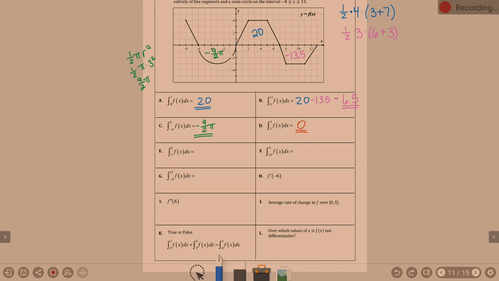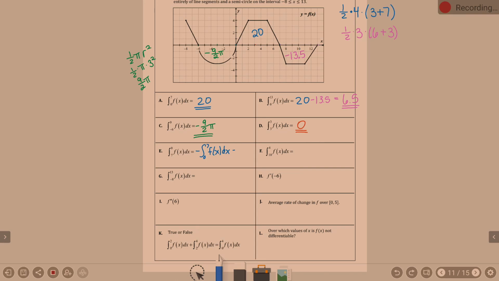What about the integral from 7 to 0 of f of x with respect to x? Because what have we already done? We've already done 0 to 7, yes? And when you reverse those, it's the negative of that. So the official property here is the negative of the integral from 0 to 7 of f of x dx.